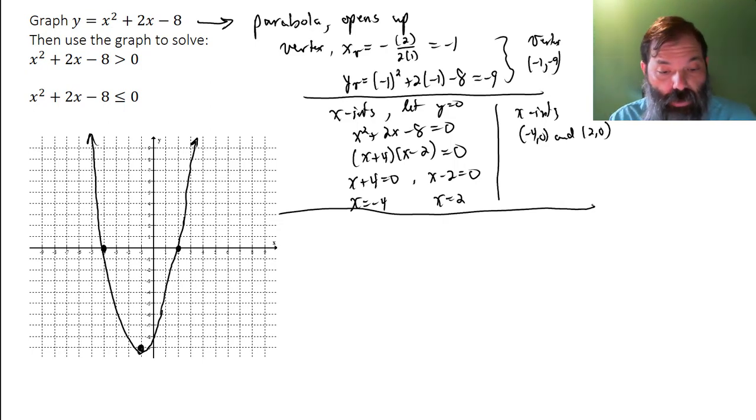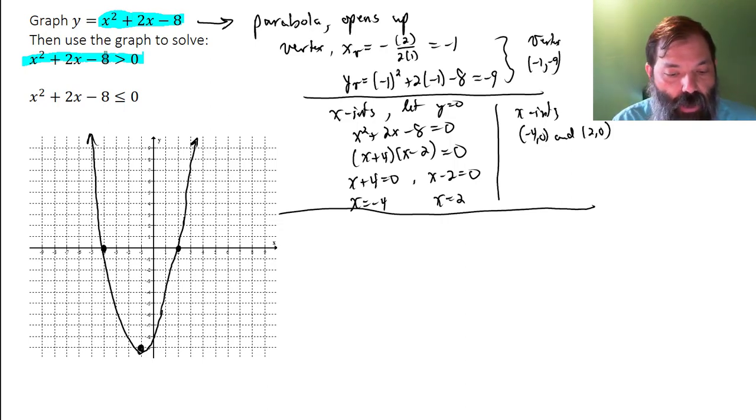All right, so now let's solve x squared plus 2x minus 8 is greater than 0. Notice it's involving the same function, x squared plus 2x minus 8. We see that same expression in the inequality. We want to know where it's greater than 0.